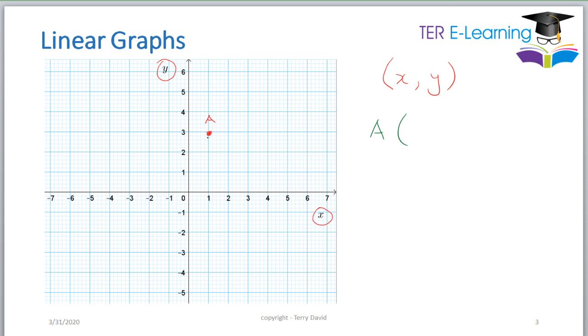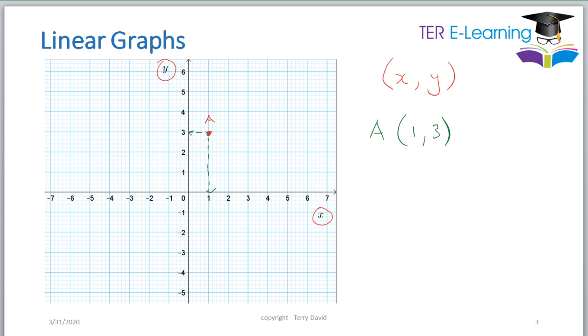To determine the x value, we need to come down here, and that is 1. And we need to go across to the y-axis, that's here, and this here is 3, right? So any point on the Cartesian plane can be represented by two coordinates, an x coordinate and a y coordinate, okay?